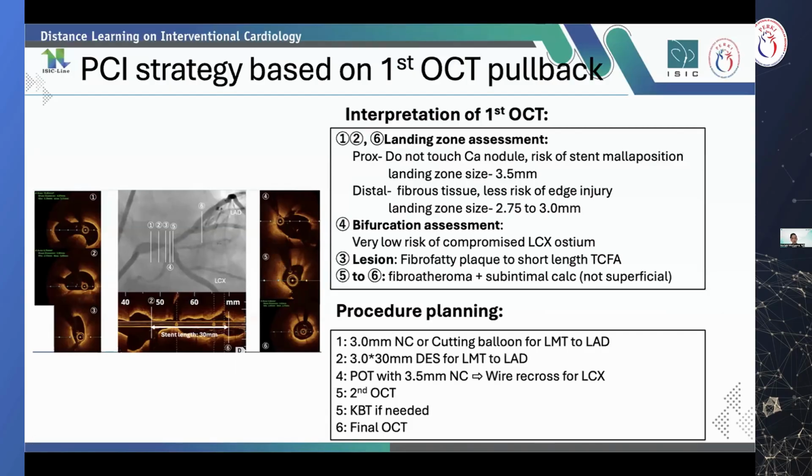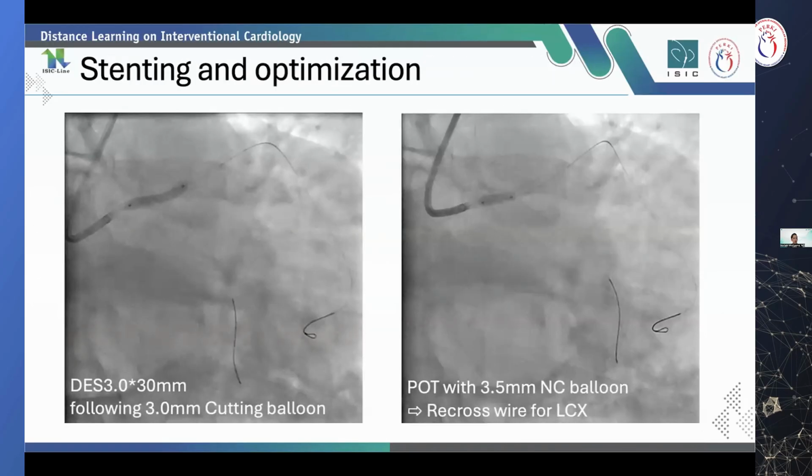So based on the first OCT probe, my procedure planning is: firstly, I use a 3 millimeter non-compliant or cutting balloon for left main to LAD, and a 3 by 30 millimeter stent for left main to LAD, and POT with a 3.5 millimeter non-compliant balloon for left main to obtain good apposition, and then rewire for the left circumflex and check the second OCT. And we need to decide on KBT if needed, and then a final OCT should be performed.